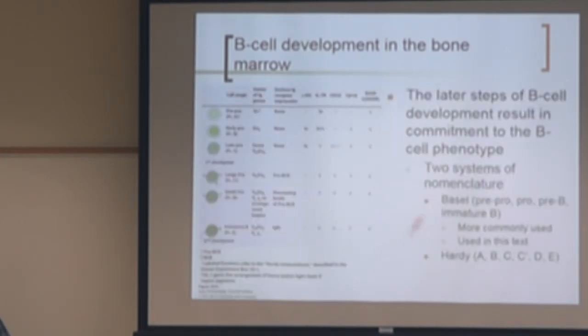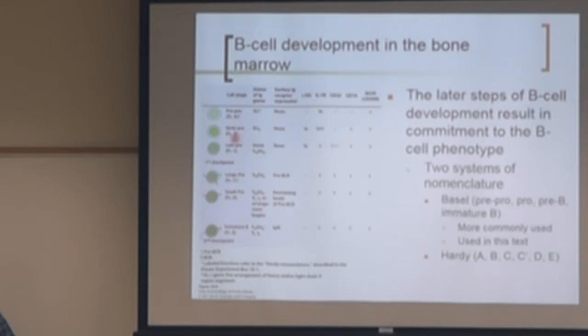And then once we become committed to becoming a B cell, now we start to enter that B cell development. This is just reviewing what I had up on the other slide. In the pre-pro B cell, you do not have any Ig expression on the surface yet because you haven't recombined anything.